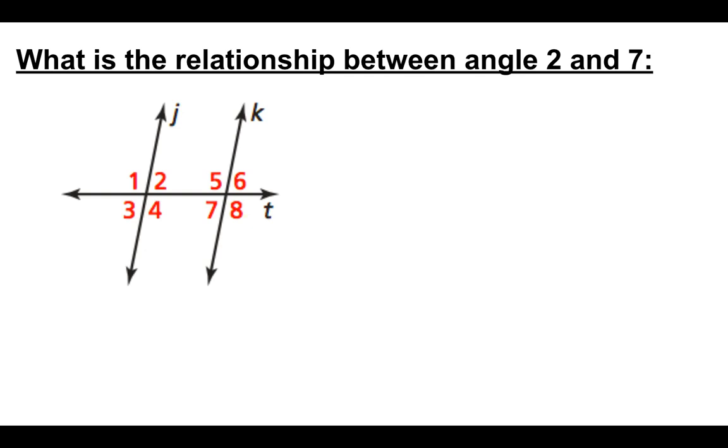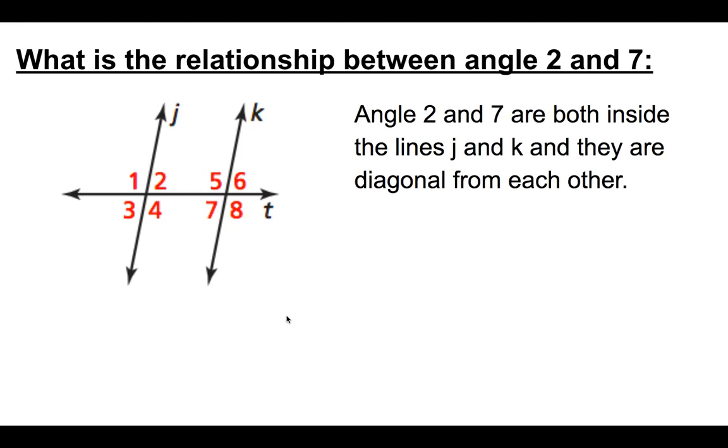And then I have this transversal line T, and 2 and 7 are on opposite sides of it, because 2 is above it and 7 is below it. So they're diagonal from each other, and that means I should be thinking of the vocab term alternate. So 2 and 7 are alternate interior angles.